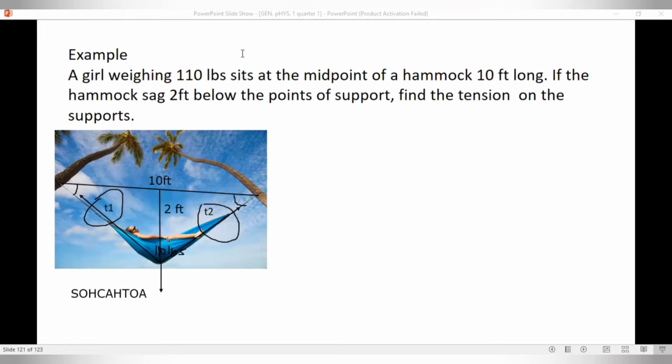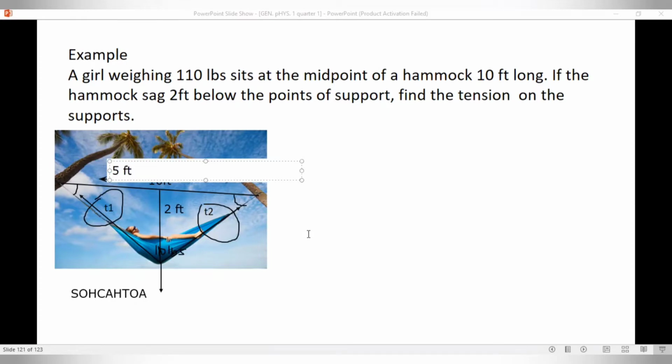So, we will assume na yung haba nung papunta dito sa kaliwa, at ang haba dito, papunta dito, ay gagawin po natin tig 5 feet. So, magiging 5 feet.